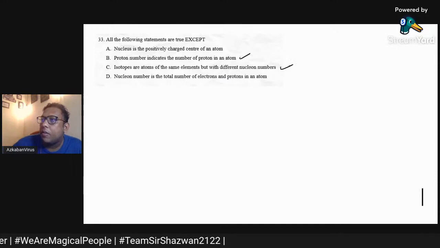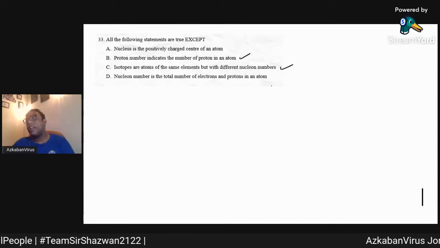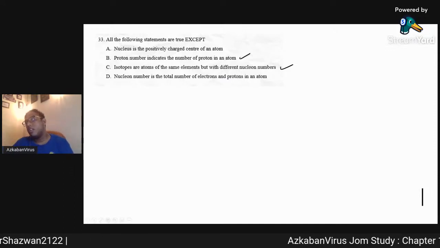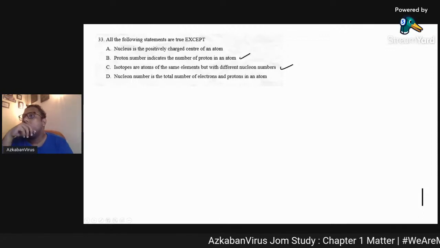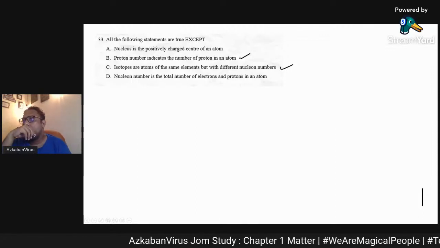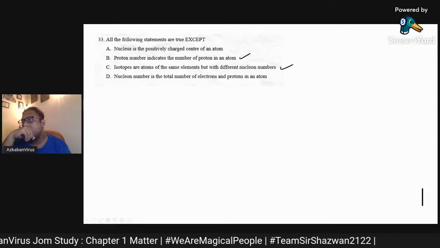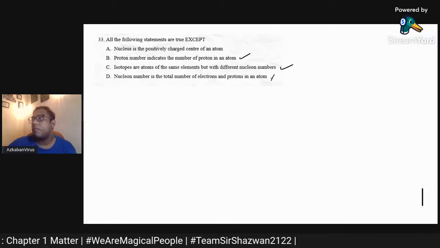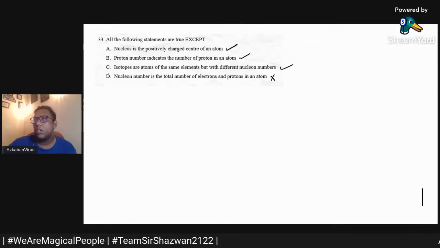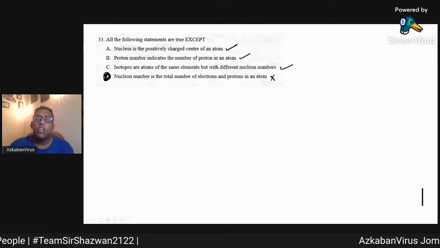Betul. Nuclear number is total number of electron and proton in an atom. Ini salah.